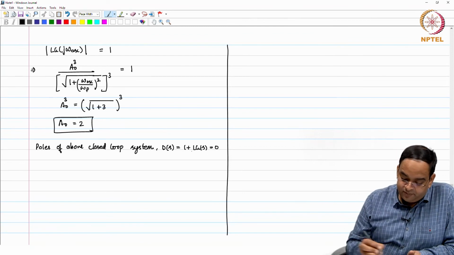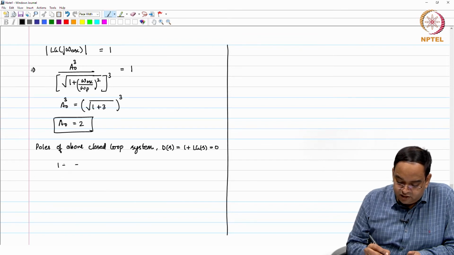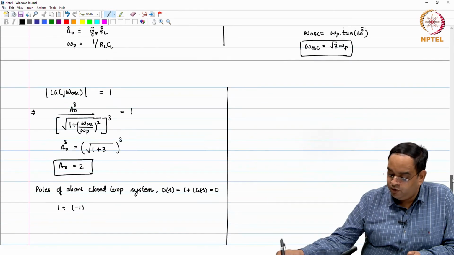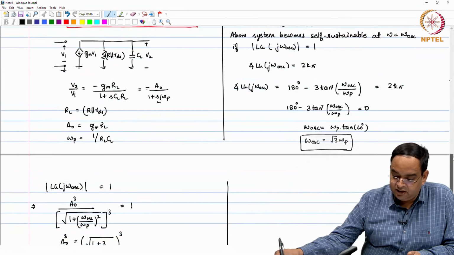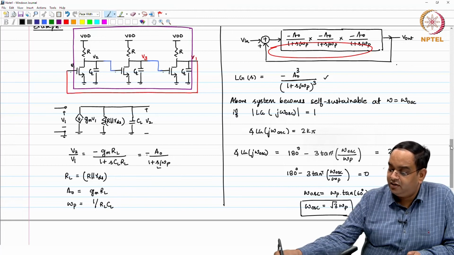So, to find the poles here, 1 plus loop gain of S, that is 1 plus minus 1 whole cube.